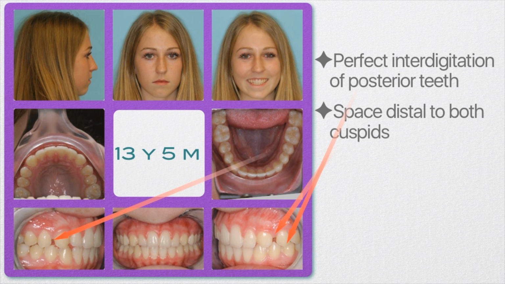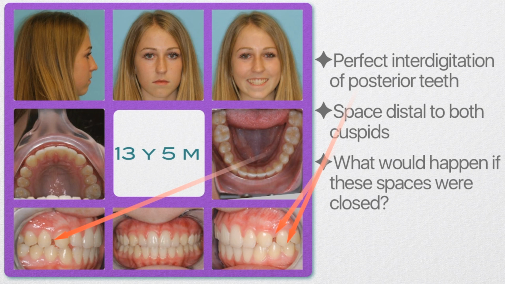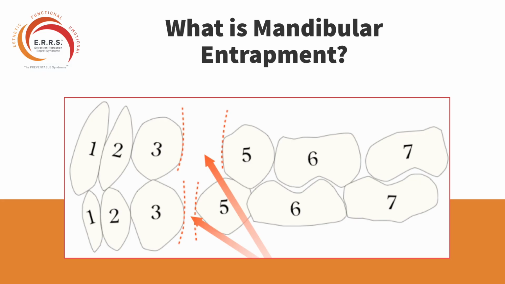But I illustrate this to show you that if I had closed those spaces up completely as would be required for the orthodontic protocols for American board certification, I'm almost certain she would have had mandibular entrapment, which would have probably carried with it a rather substantial pattern of symptoms.